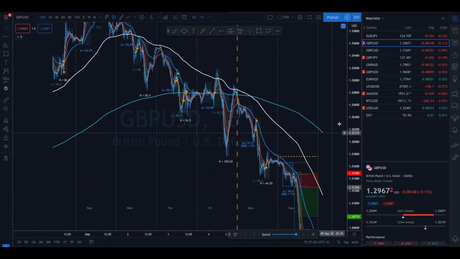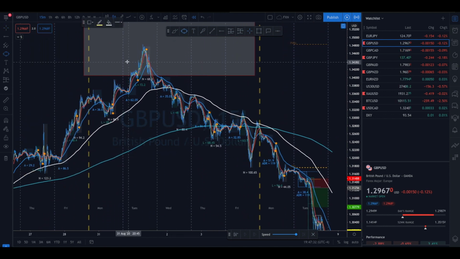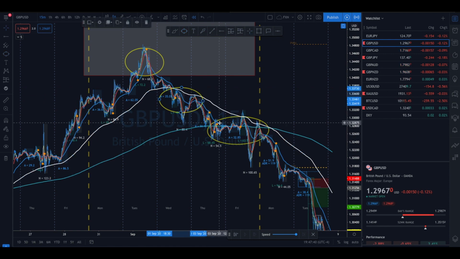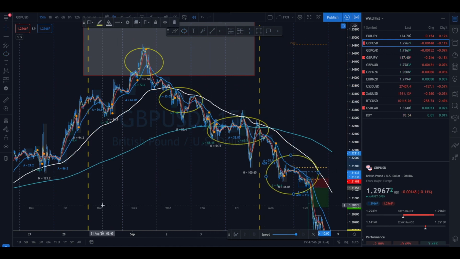Another thing to keep in mind is if you're, let's say, counting levels, then obviously you have your peak, you have a level here, you're going to have a level here, and this potentially is a third level here.